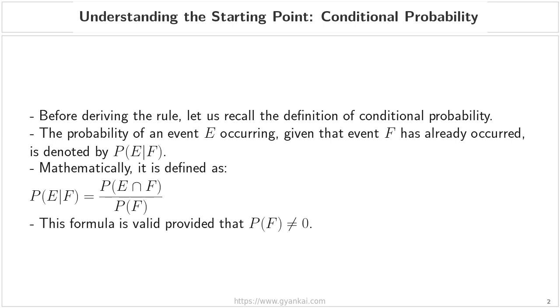This formula is only valid provided that the probability of F is not equal to 0. We cannot divide by 0, so event F must have some possibility of occurring for this conditional relationship to exist. Keeping this definition in mind is crucial, because in the next slide, we are going to rearrange this exact equation to reveal the multiplication rule.